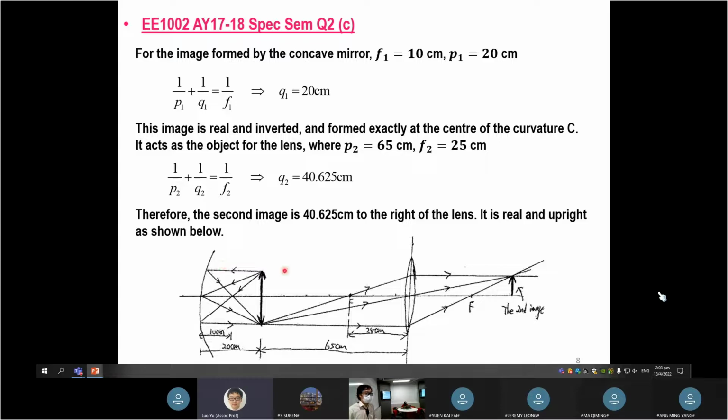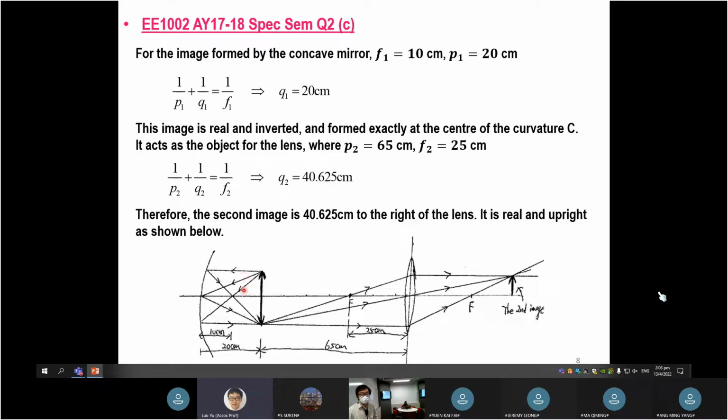So the answer is no. Why? Because this image is formed by light rays that are going to the right. For example, if the light source only emits to the right, then it will not be imaged by the mirror.